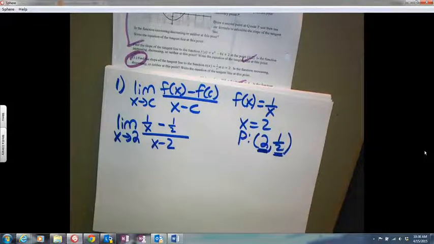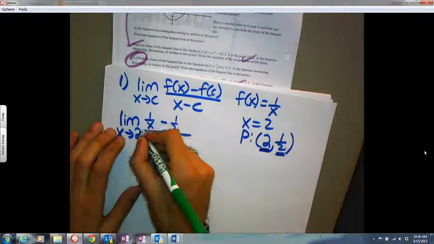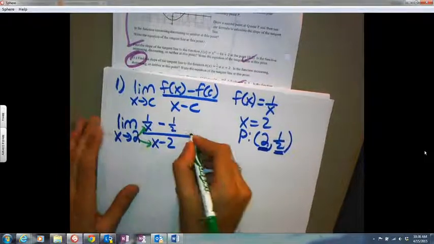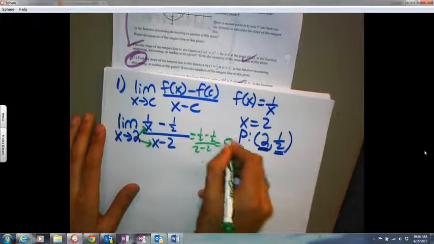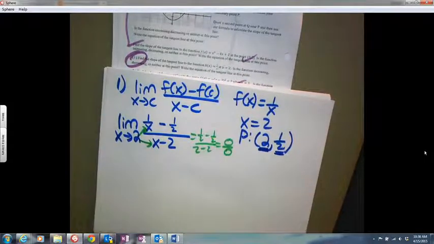Okay, we go ahead and plug the 2 in to evaluate the limit. I get 1/2 minus 1/2 over 2 minus 2, so I get 0 over 0. Meaning, we need to use one of our strategies. Rewriting, multiply by the conjugate, factoring. It's got to be one of those 3. Okay, try to predict which one and then try to attack the problem.